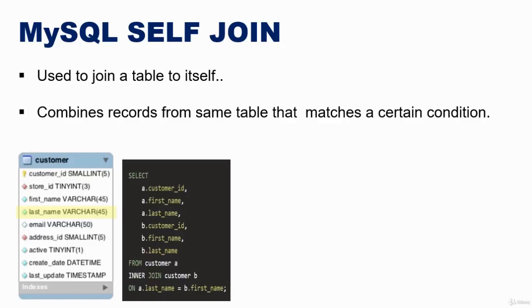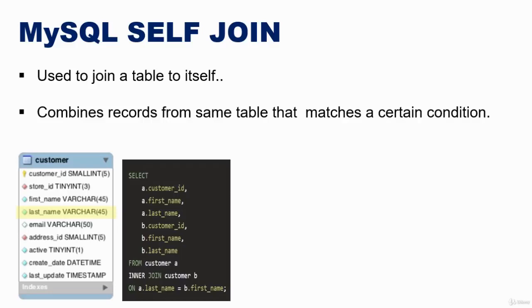So I've got the alias A, which represents customer_ID, first_name, last_name, and then I've got an alias B with the same number of fields: customer_ID, first_name, last_name. So we're basically joining data from the same table to itself.